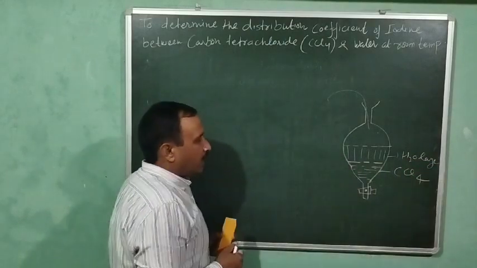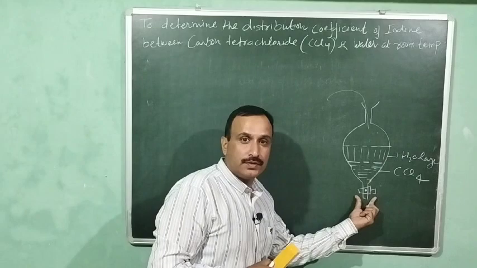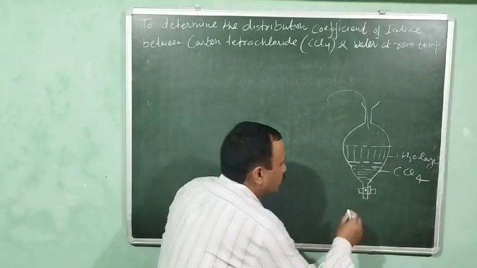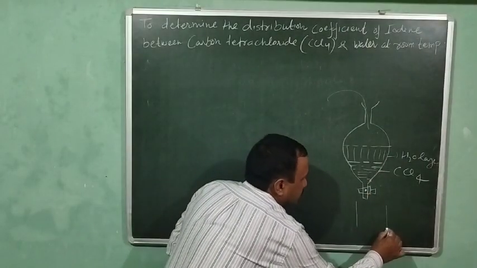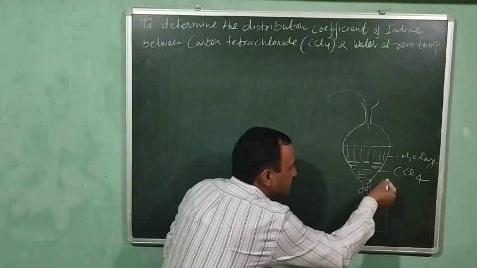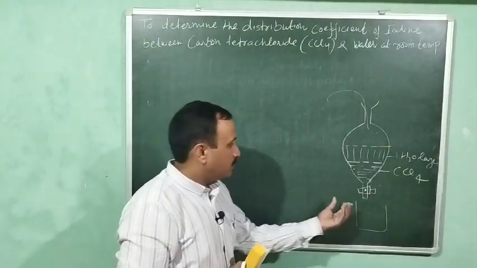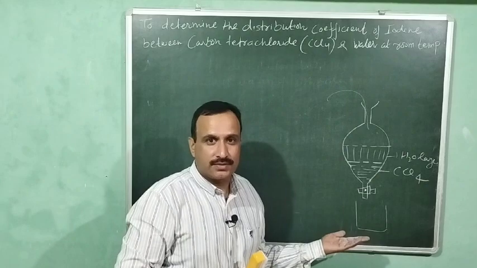Okay, and then we will open the knob of this separating funnel, and we will collect the CCl4 layer in the beaker or in conical flask.